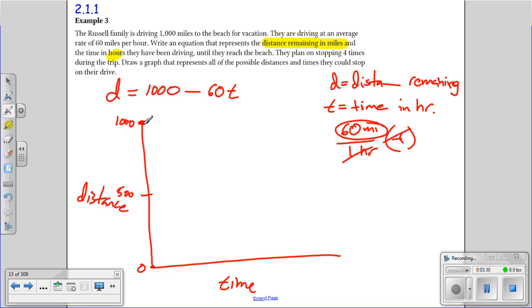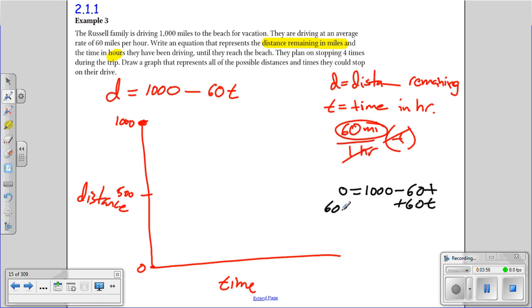Now let's say that we want to figure out how long it's going to take to get there. What we could do is take this equation, put 0 in for d. Let's say the distance is 0 miles left to go. And if we want to solve that, we could do this. Move the 60 over, add 60 to both sides.